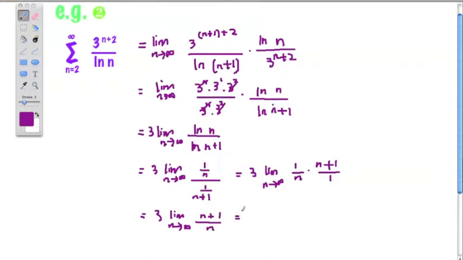Then we divide it by n, so we will get 1 plus 1 over n. If we insert the limit, 1 over n goes to 0. Therefore, 3 times 1 plus 0 we will get 3.